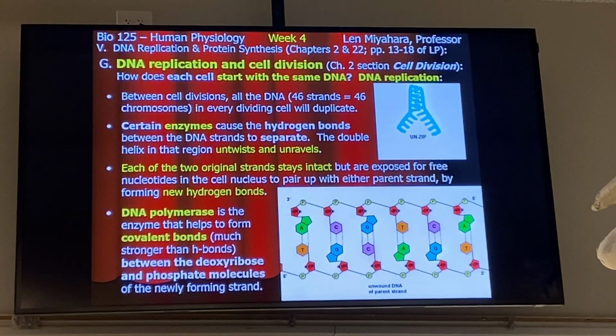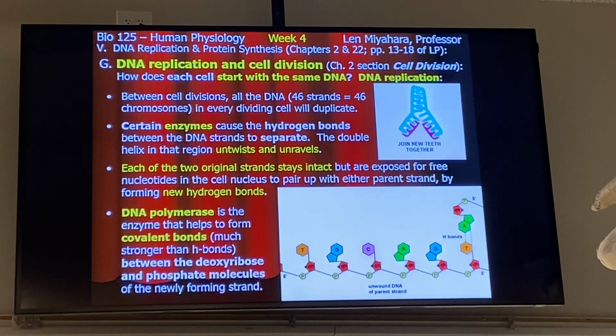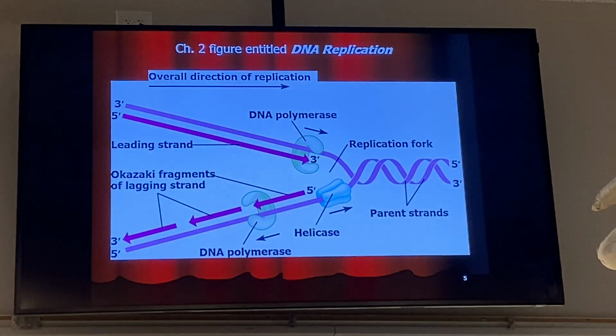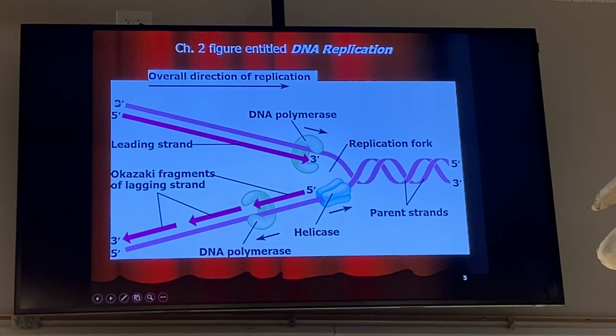Now, this was covered in anatomy, wasn't it? Semi-conservative replication? Okay. But here's the difference that you need to know for physiology. DNA polymerase, the enzyme, can only work on the original strand from the 3-carbon end to the 5-carbon end. It can only go in that one direction. In fact, write that next to the slide.